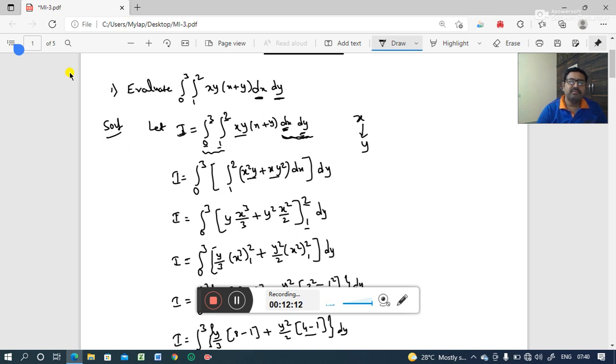Here first they have given dx and then dy, therefore your order of integration is x and y. Suppose in place of dx and dy, they give dy and dx, then if the limits are constant, your order of integration is first with respect to y, then with respect to x. So this is the concept here.